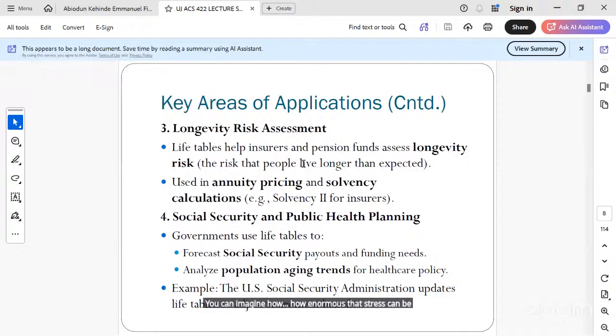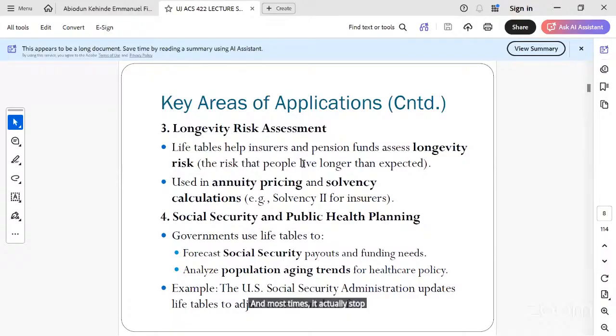So that is the challenge of dying too early, because if you die too early, those opportunities that you bring to the family might stop. And most times it actually stops.